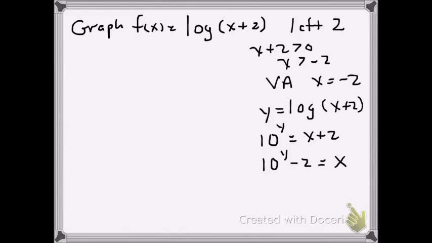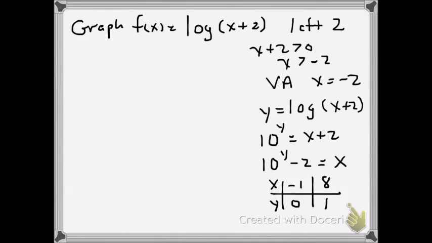We'll get a couple of points here, plugging in values for y to get x. If I plug in 0 for y, I'll have 1 minus 2, or negative 1. Another easy value would be 1 for y: 10 minus 2 is 8. With these 2 points and our vertical asymptote, I believe we'll be pretty good.